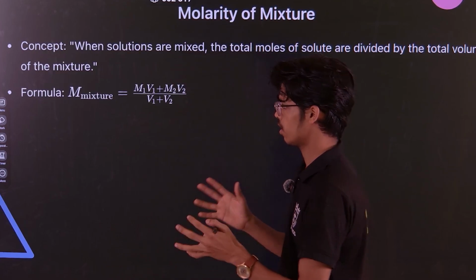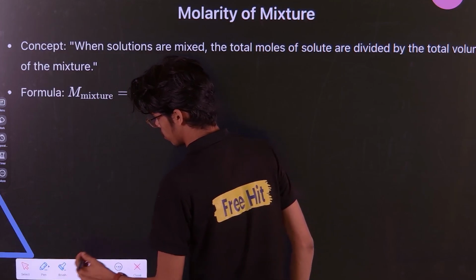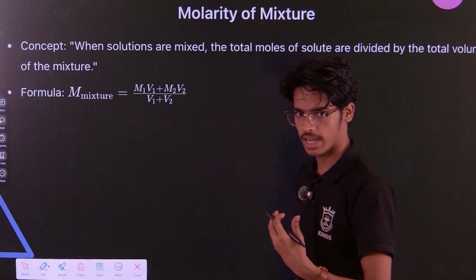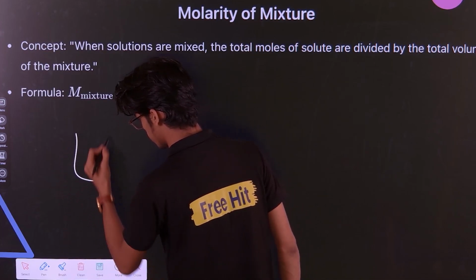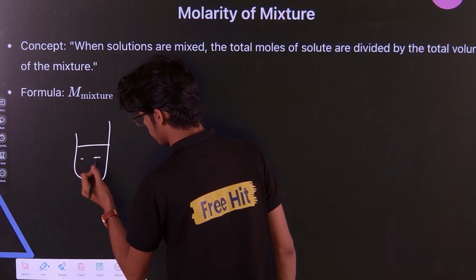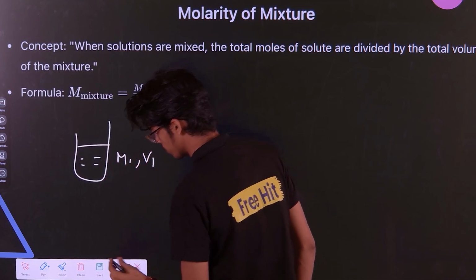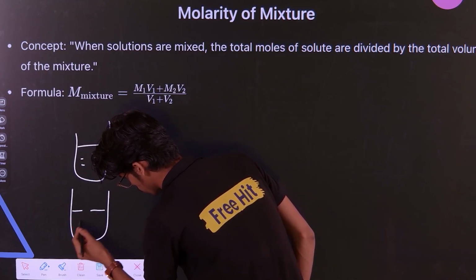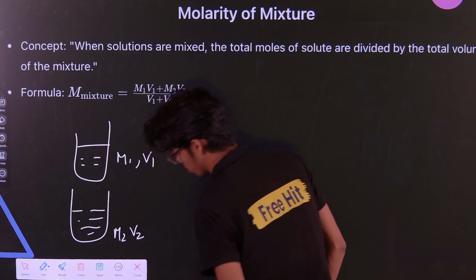Okay, sir, let's just understand. How can you find this out? See, try to utilize your mind. Try to answer before me. See, there is one container with M1V1, and another container, another solution, with M2V2, got it.